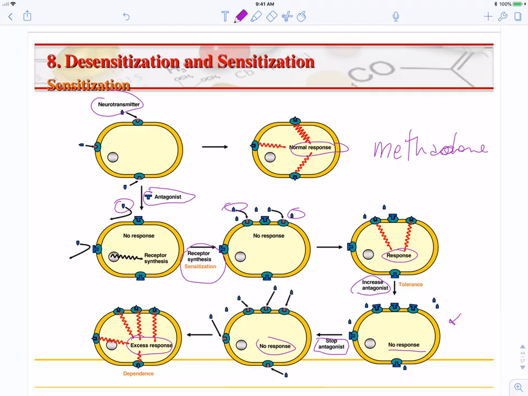However, if the patient ceases to take methadone, we'll have an excess response because there are more receptors now expressed on the cell membrane. Unfortunately, this is also the physiological basis for the phenomenon of overdose that is often observed in patients who are relapsing from treatment of addiction. They will stop taking methadone, take heroin, for example, and have an increased response.